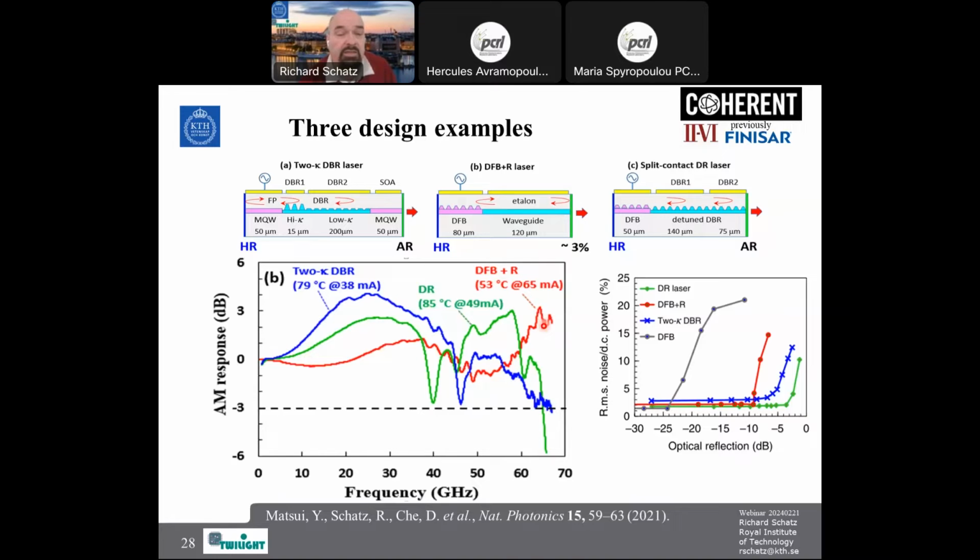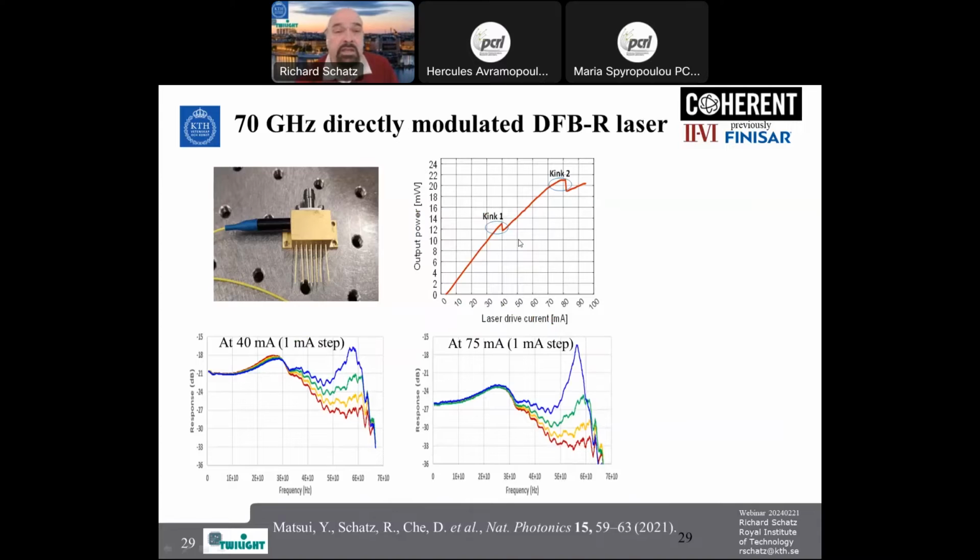But you see that you get extremely high bandwidth, towards 80 gigahertz bandwidth, for the DFB plus R laser here. And here we have this 70 or 80. This is one of the samples. It has around 70 gigahertz bandwidth. Then for this sample, it has this resonance at a slightly lower frequency, but it gives approximately 70 gigahertz 3 dB bandwidth.